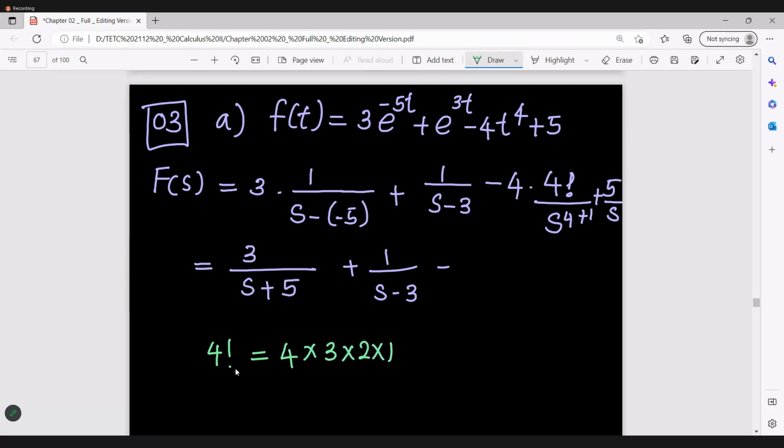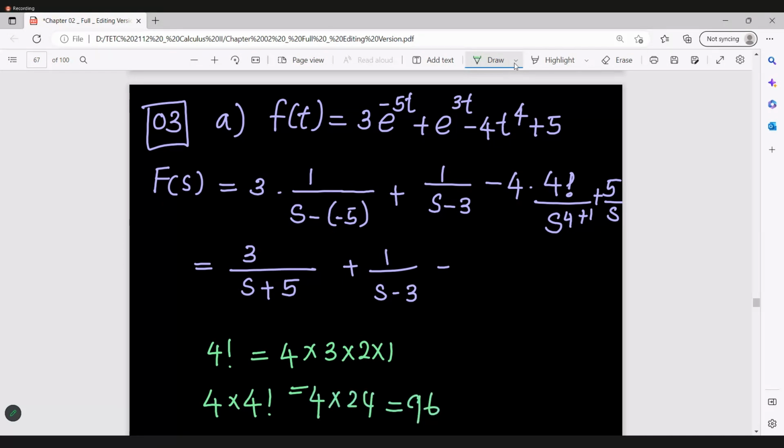And since it is 4 times 4 factorial, we need to multiply the answer again by 4. So 4 times 3 is 12. 12 times 2 is 24. 4 times 24, it's 96.